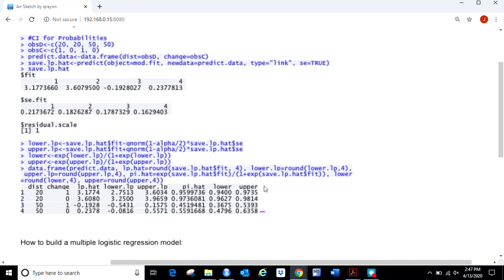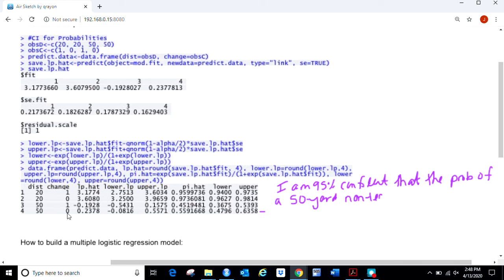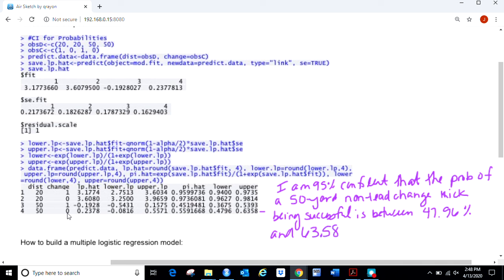So here I was using the same alpha that I had before, so we're going to be 95% confident that the probability of this 50-yard non-lead change kick being successful is between 47.96% and 63.58%.